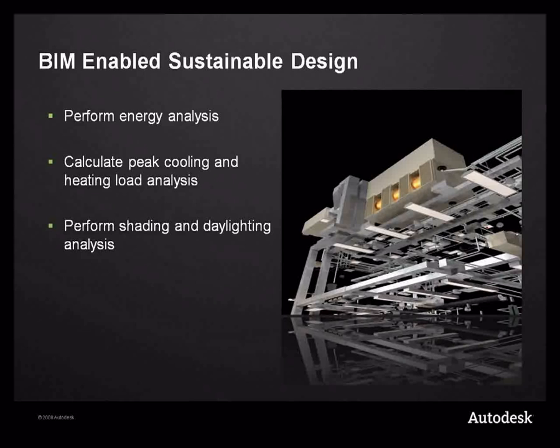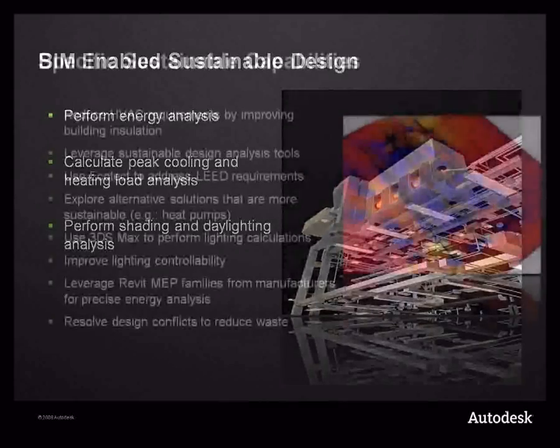This saves time, improves accuracy, and allows the AEs to perform more parametric analysis or what-if scenarios. Some examples of BIM-enabled sustainable design are energy analysis, HVAC load calculation analysis, for properly sizing heating and cooling equipment, or shading and daylighting analysis.